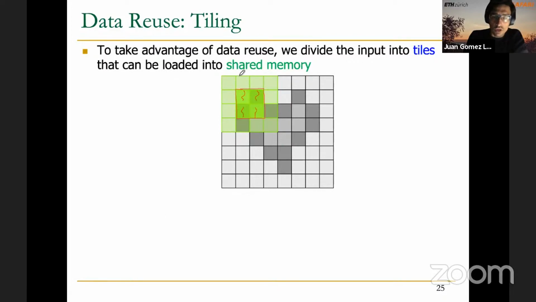Because all these threads share a lot of pixels that they need to access from the image, we are going to assign one whole tile of data of the image to this 4 by 4 thread block, and we will load it all into the shared memory so these threads have faster access to the corresponding pixels.